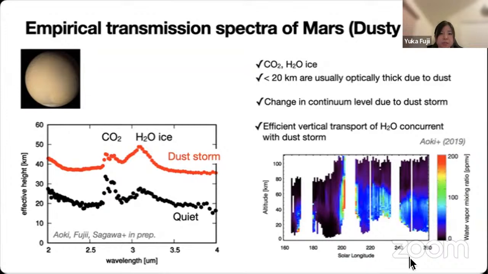And this shows the evolution of the vertical profile of the water vapor mixing ratio that corresponds to the storms. Although the variation itself could be challenging to detect, such dynamic nature of transmission spectra is probably worth attention.